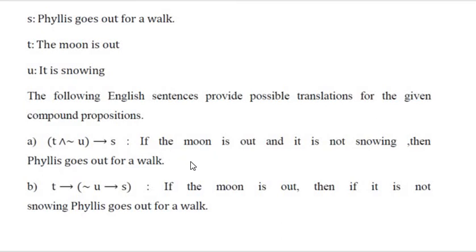The sentence is, if the moon is out and it is not snowing, then Phyllis goes out for a walk.